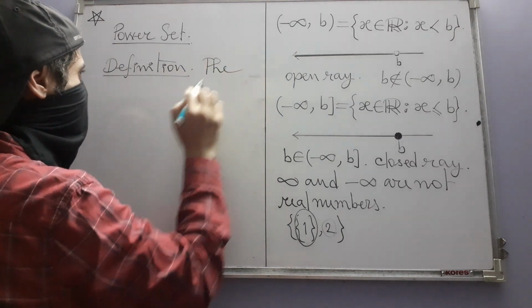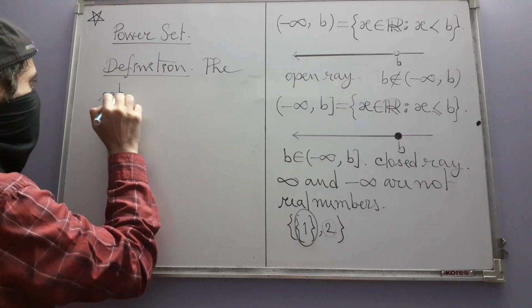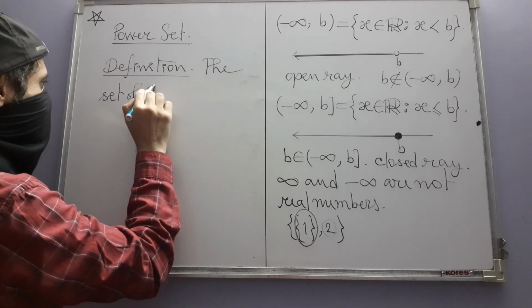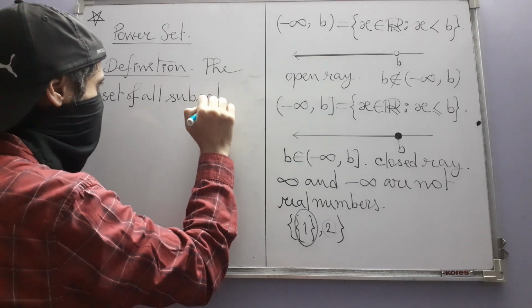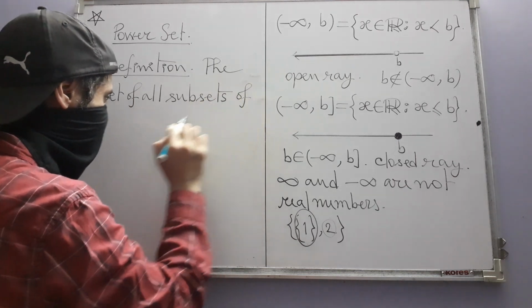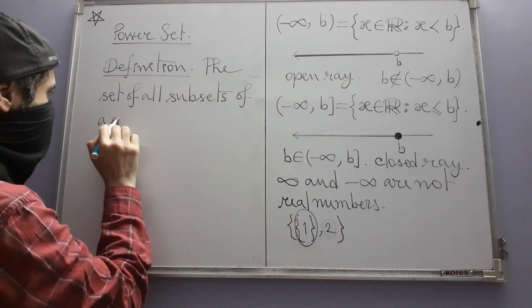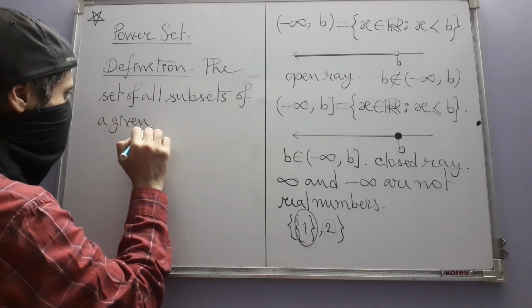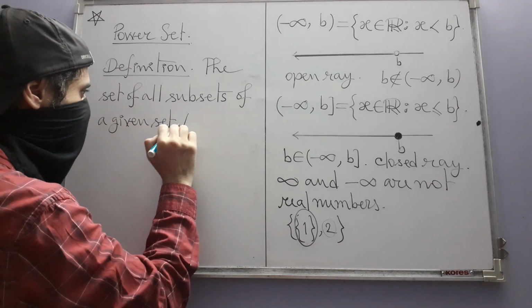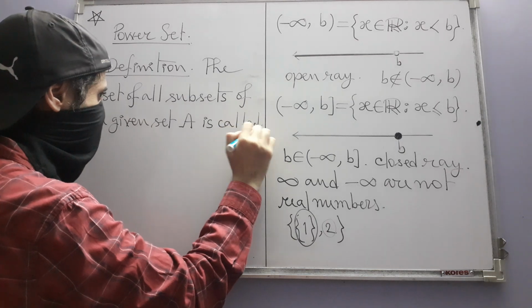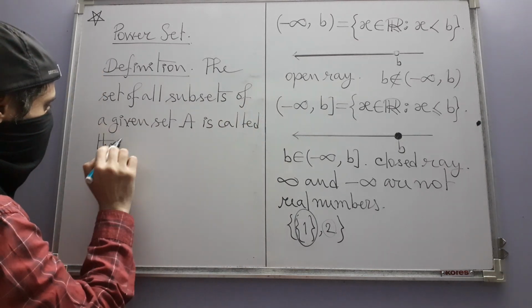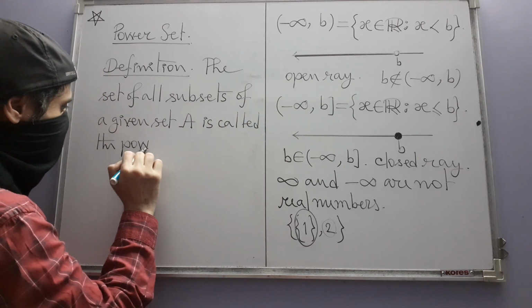The set of all subsets of a given set A is called the power set of A.